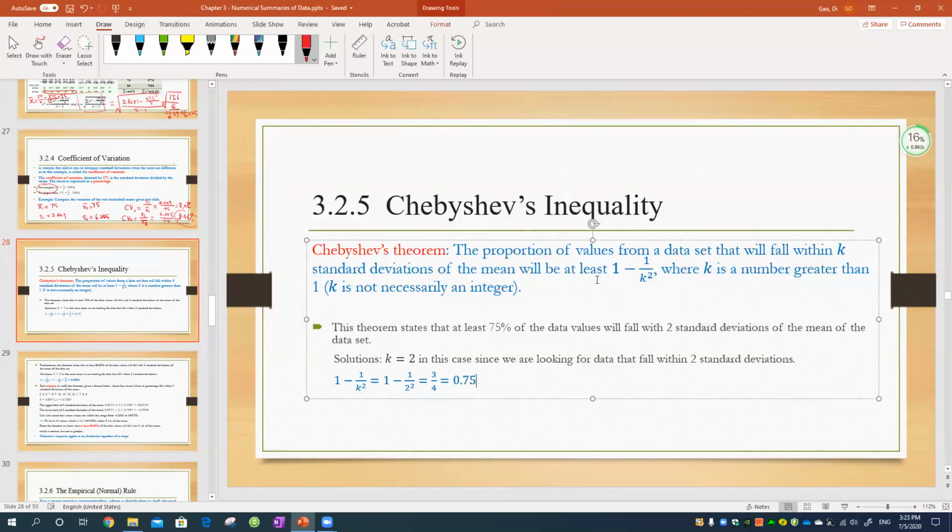Because based on this theorem, when k equals 2, that means falling within 2 standard deviations of the mean. Then we have at least 1 minus 1 over 2 squared, which is actually 0.75, so 75%. So we can say at least 75% of the data will fall within 2 standard deviations of the mean of the data set.